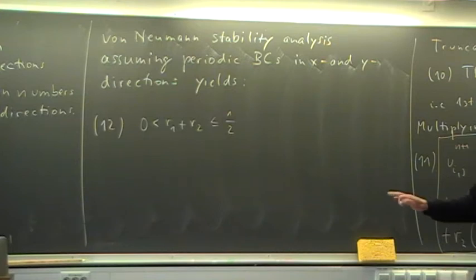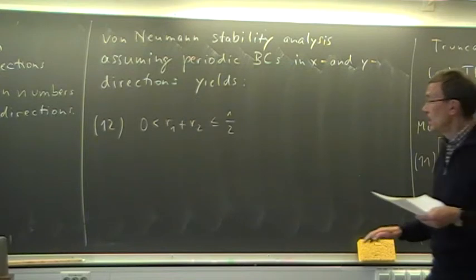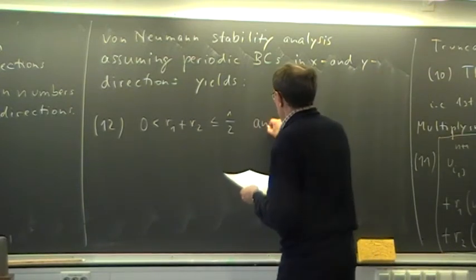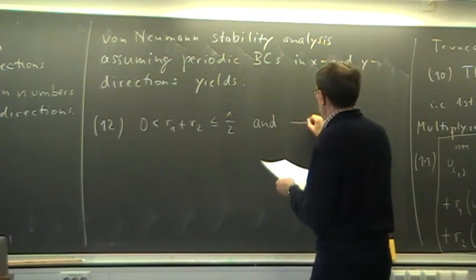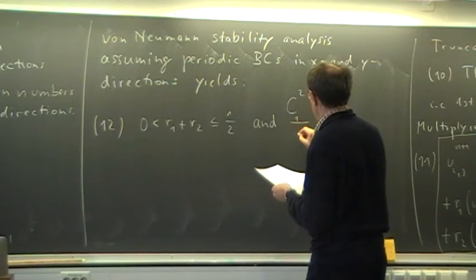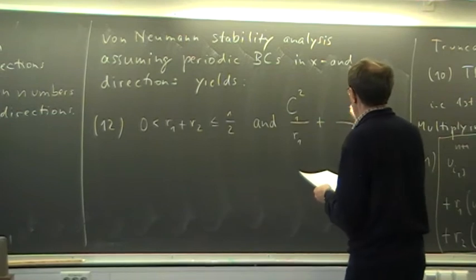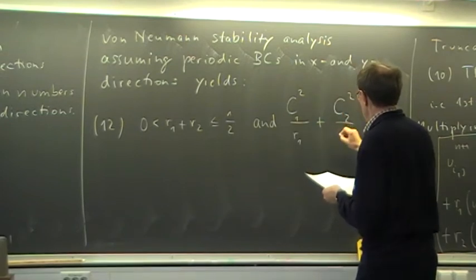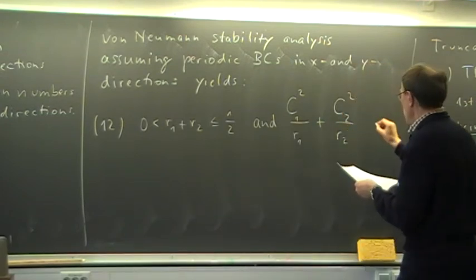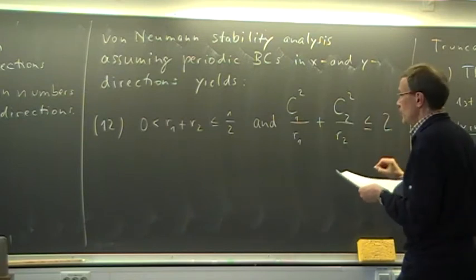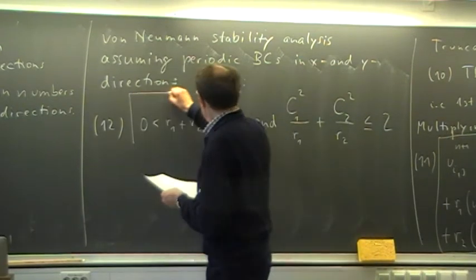Alpha equal to 0, pure advection, is not possible. For pure advection, the scheme is unstable. And the other condition is the following: the Courant number C1 squared divided by the von Neumann number R1 plus C2 squared divided by the von Neumann number R2 has to be smaller or equal than 2. So these are the conditions.